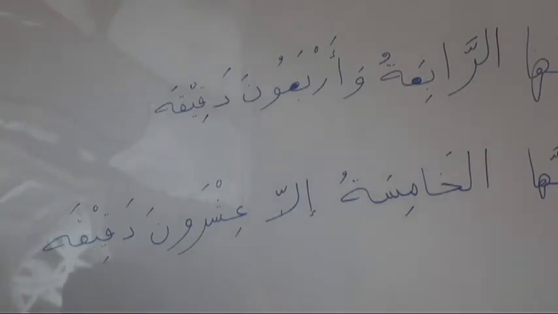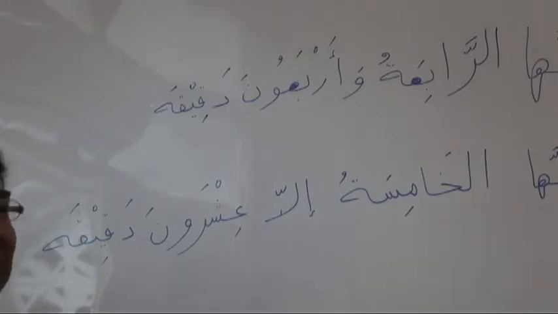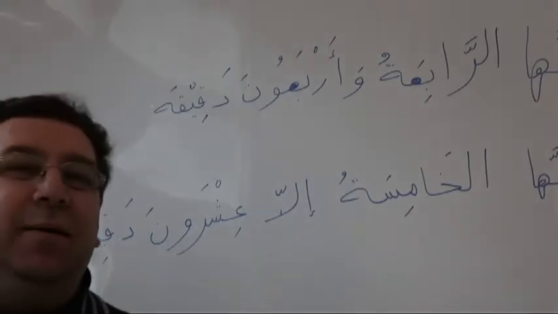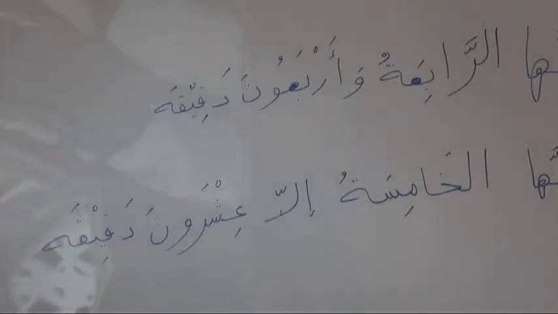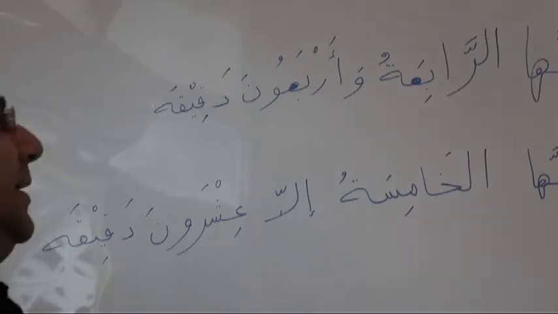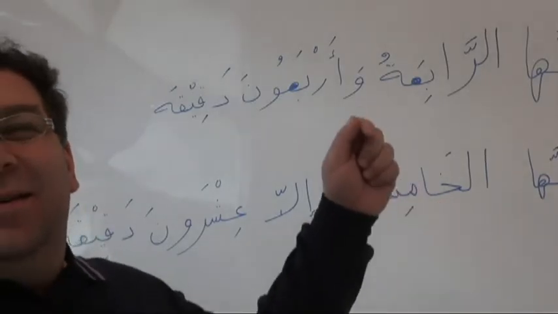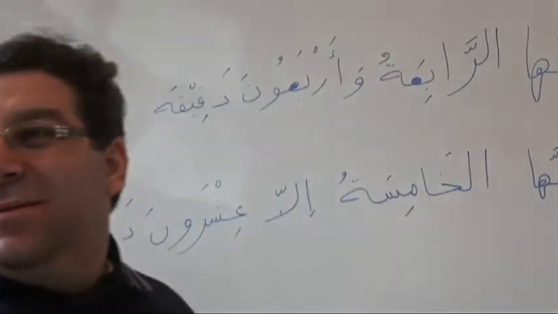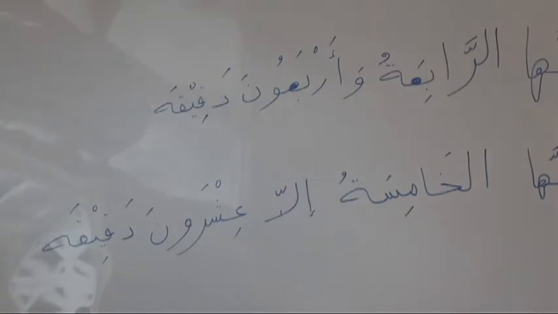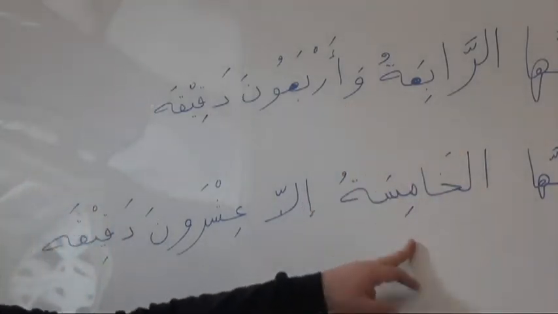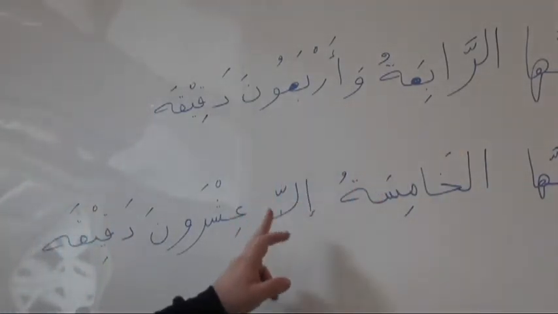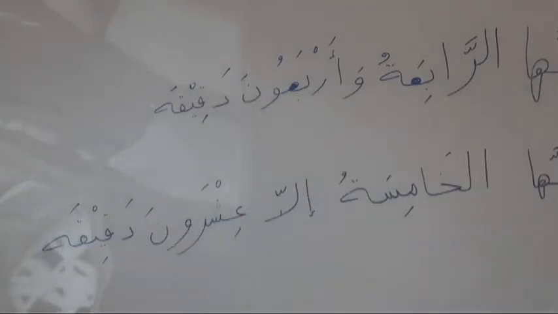Okay, there is still another way to answer, which is 5 minus 1/3, right? So إنها الخامسة إلا ثلث.